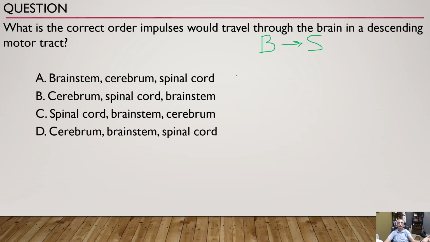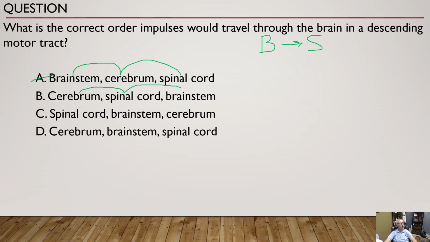Think about the structures of the brain and where they're located. Would we go from the brainstem to the cerebrum to the spinal cord? No. The cerebrum is the big part of your brain. So logically, we would not go that way.